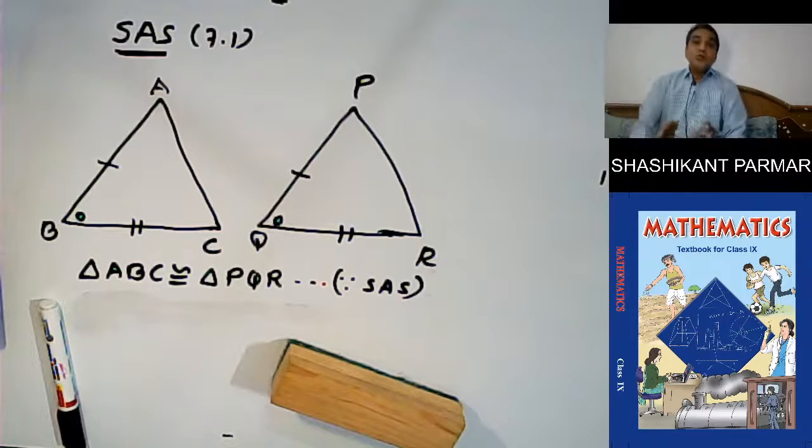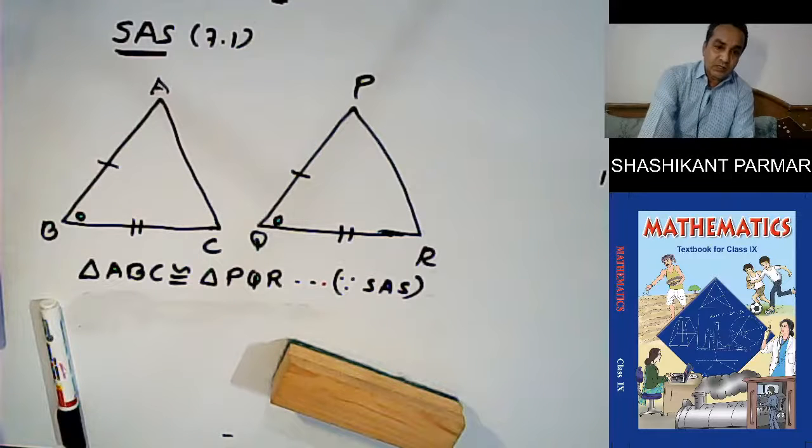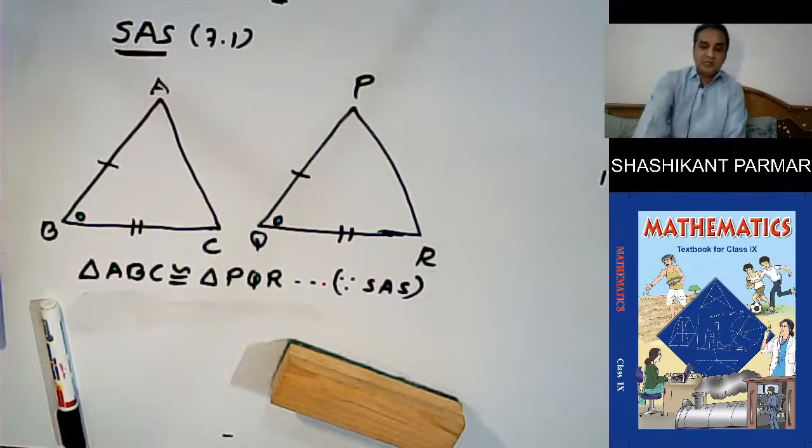What does theorem 7.1 say? See here. Two triangles are congruent if two angles and the included side of one triangle are equal to two angles and the included side of the other triangle. This is the figure. Okay, in the figure you can easily see both triangles are congruent. But let us prove it.